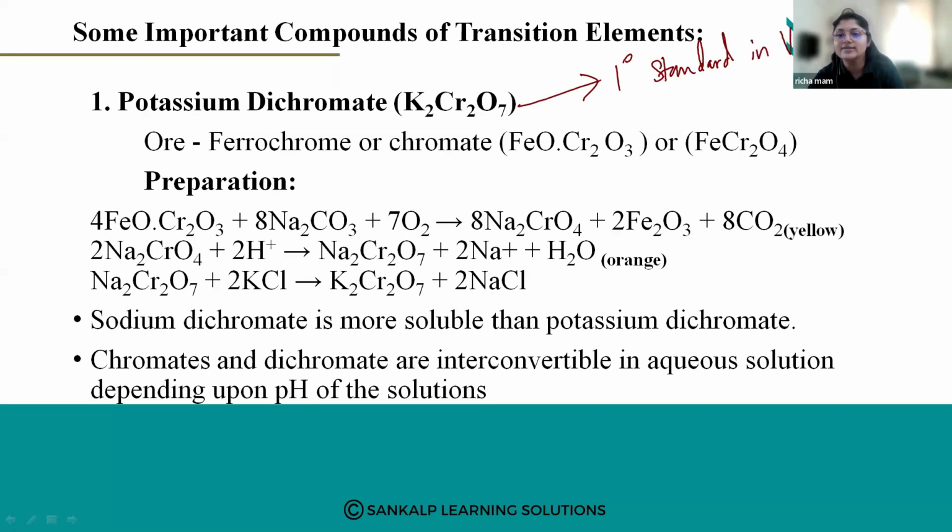As it has a dark orange color, it is used as a primary standard against different solutions in volumetric analysis. Volumetric means we determine the quantity, how much salt is added to give a given concentration. So this is the first property. Then what is the second property?